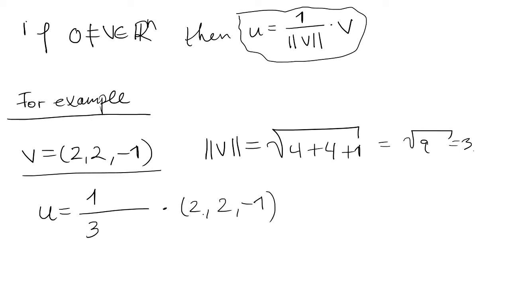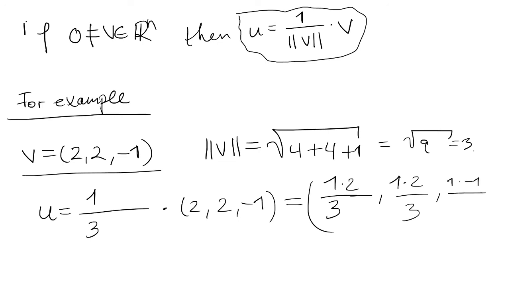That is equal to 1 divided by 3 multiplied by 2, 1 divided by 3 multiplied by 2, and 1 divided by 3 multiplied by minus 1, which is equal to 2 divided by 3, 2 divided by 3, minus 1 divided by 3.